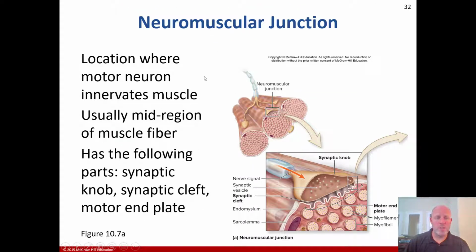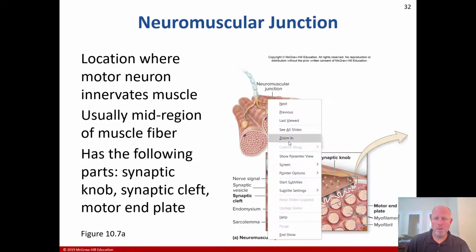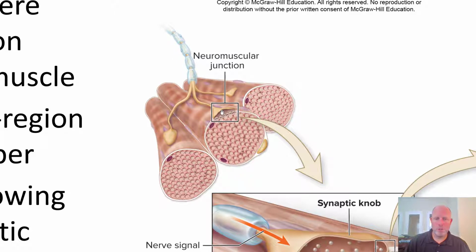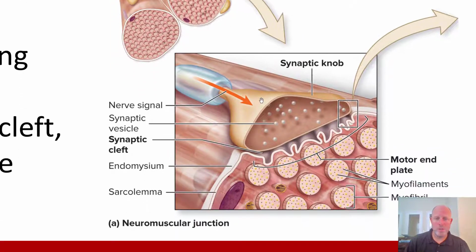So we have a neuromuscular junction here where the motor neuron innervates the muscle. It's usually the mid-region of the muscle fiber and has the following parts: the synaptic knob, right here, the synaptic cleft, and the motor end plate. Take a closer look here. The axons, and down here the motor end plate, are also known as a neuromuscular junction.